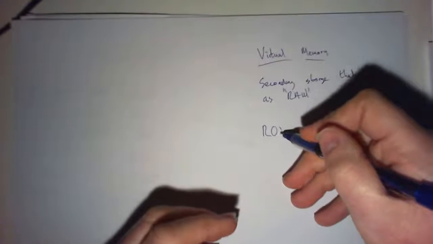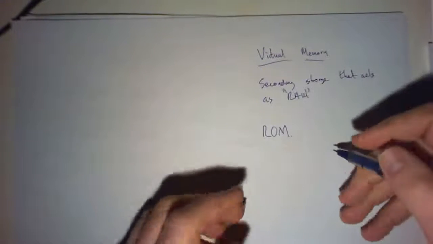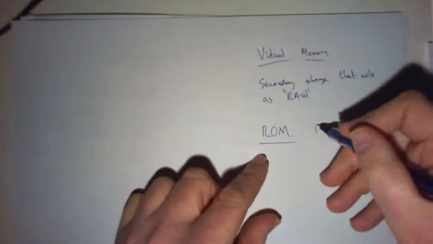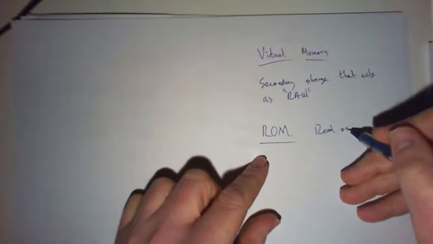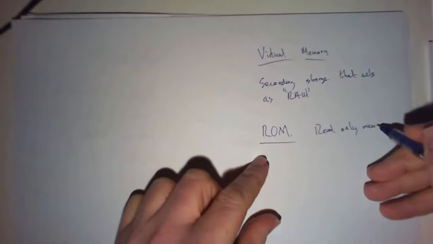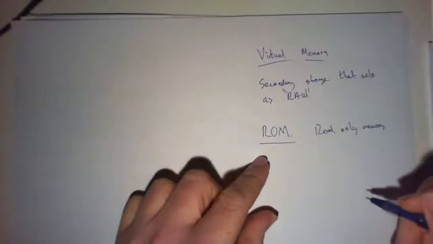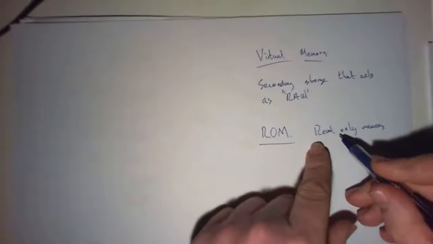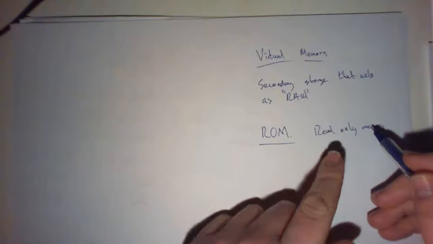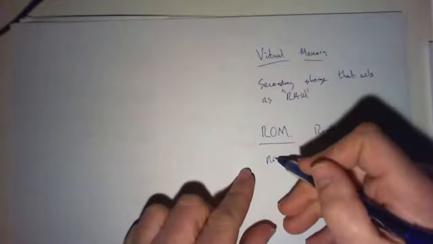Now, the opposite of RAM is what's called ROM, which stands for read only memory. And it does exactly what it says on the tin. It's not read-write, it's just read only. But it is non-volatile.